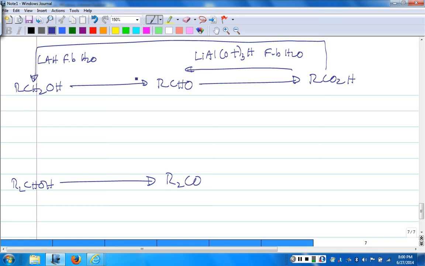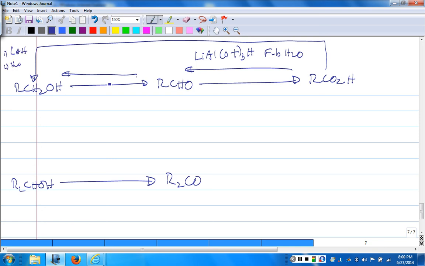I could take the aldehyde down to the alcohol. So let's use LAH. LAH 1, water 2.